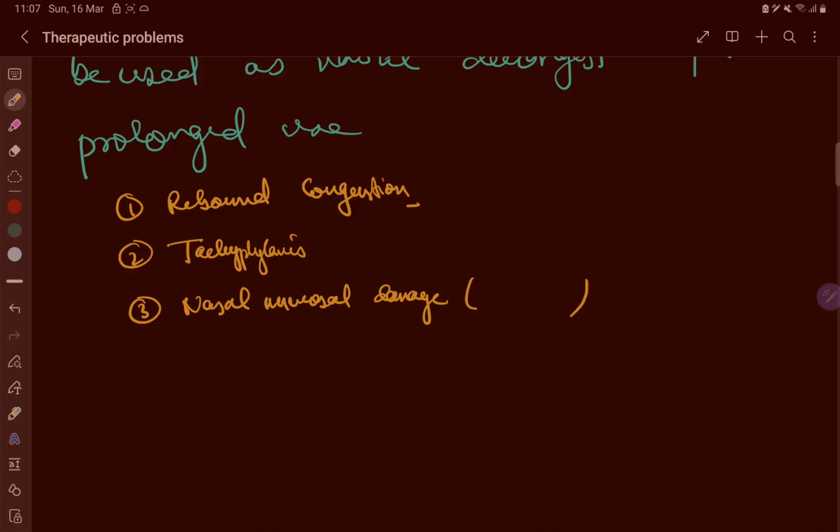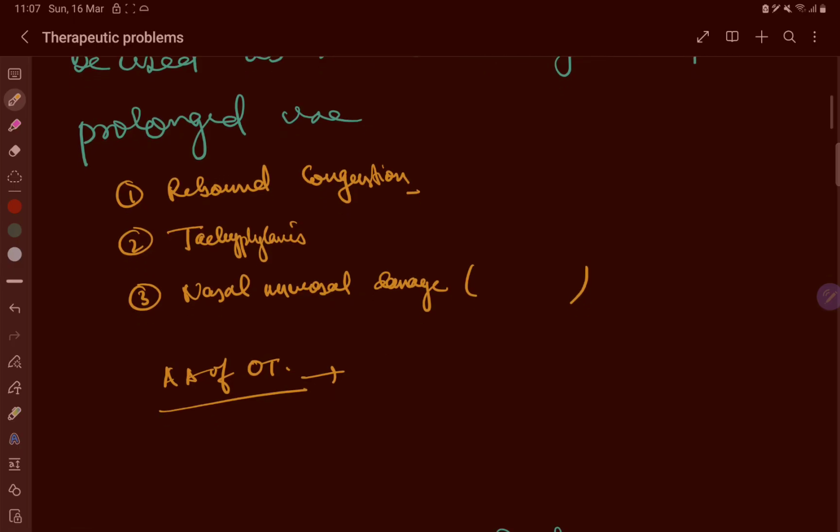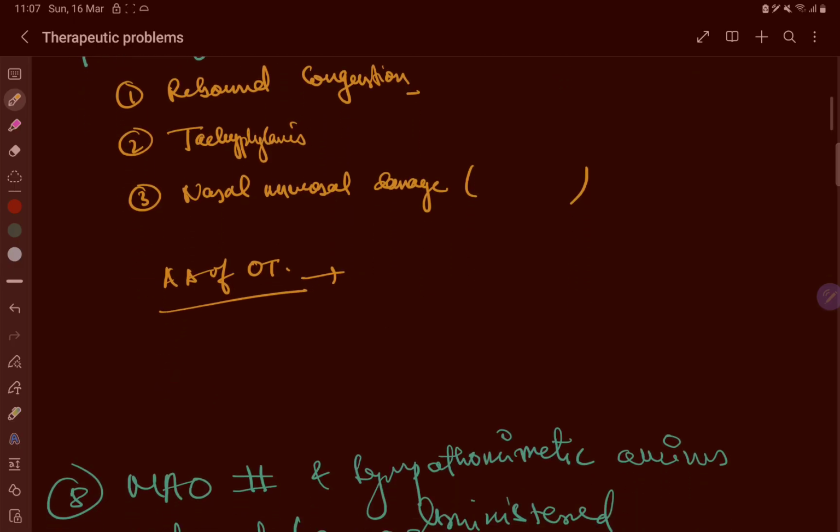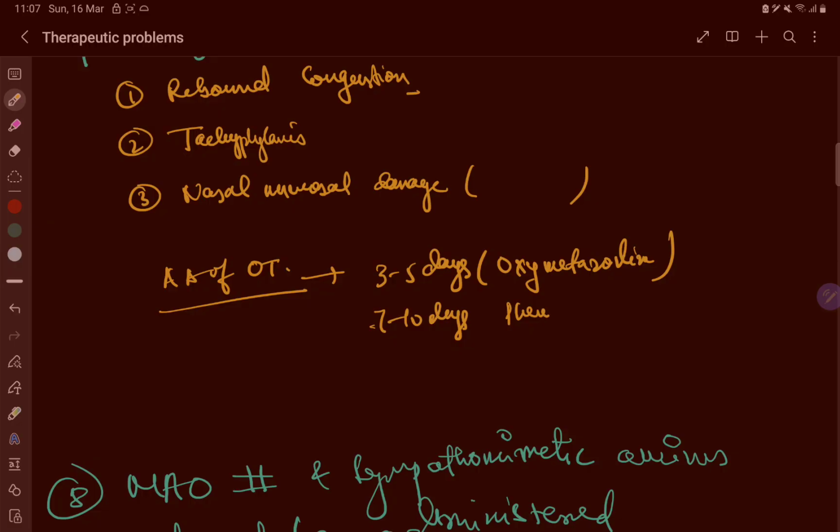So how prolonged, like what is the normal? The American Academy of Otolaryngology recommends that sympathetic nasal decongestant should be used for 3 to 5 days for oxymetazoline, and 7 to 10 days for phenylephrine.